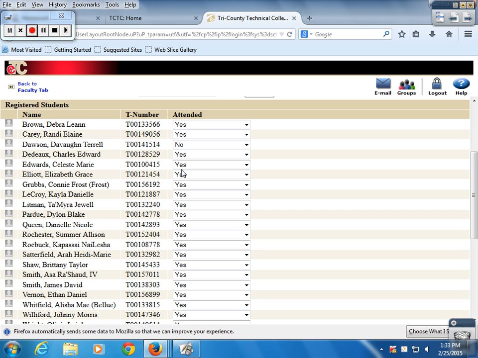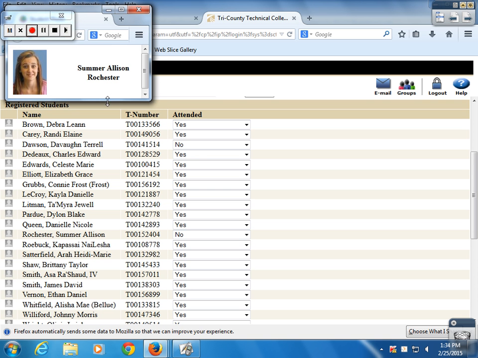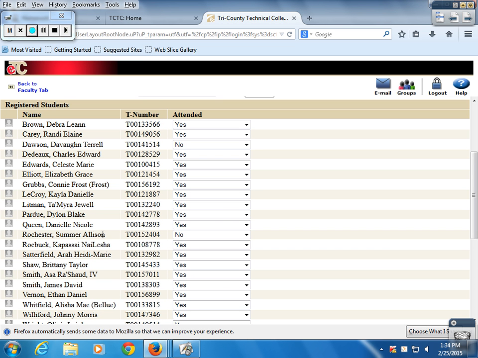No Dawson. Charles. Edwards. Elliott. Grubbs is here. Lee Croy. Littman is here. Pardue is here. Queen is here. Rochester is not here. Roebuck. No Roebuck. Satterfield. Shaw. Smith. I don't see either one of them.